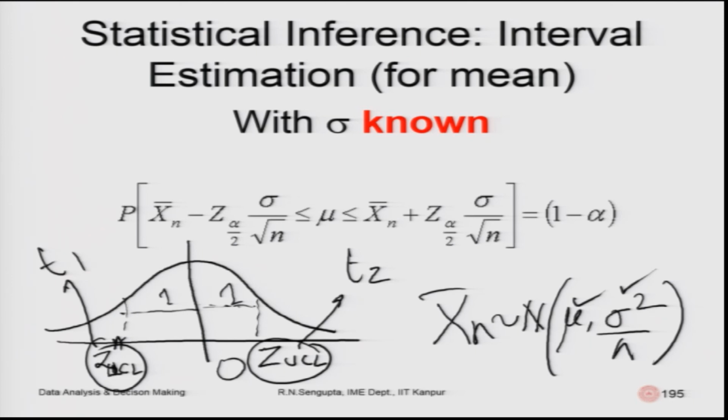Once I find T1 and T2 corresponding to the z distribution, we use the x bar distribution. So, this is the LCL, alpha by 2, because I said that alpha 1 and alpha 2 are equally divided. On the right side the UCL is this plus value. So, this is minus and this is plus, equidistant from the mean value, such that the central area is equal to 1 minus alpha. Based on this, you can find out the interval estimate and conclude your problem accordingly.